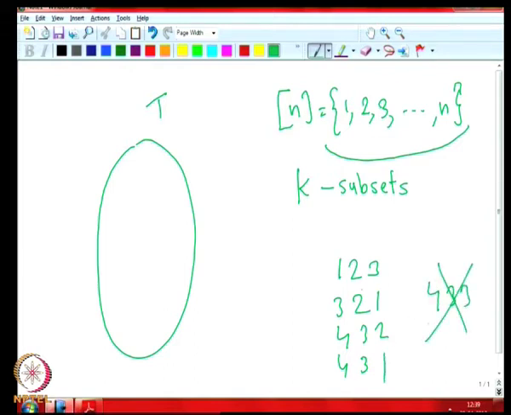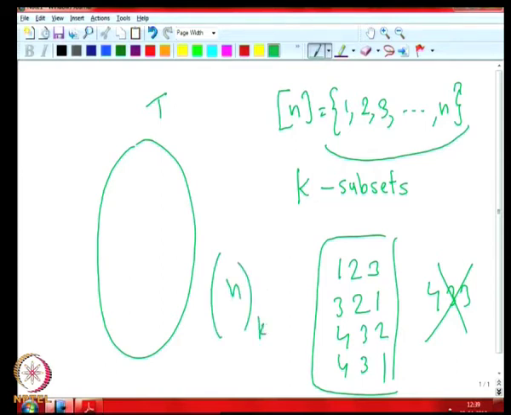Okay. So, we have already seen that we can get n P k, this many such things. We saw that if you want to make a list of k elements, we can put the positions for the list k. The first position is this, second position is this, third position is this, fourth position is this, and this position can be filled by any of the n elements here in this 1, 2, 3 up to n.